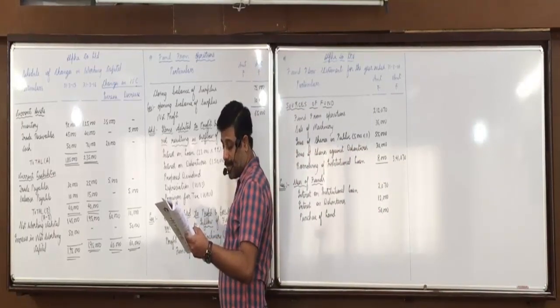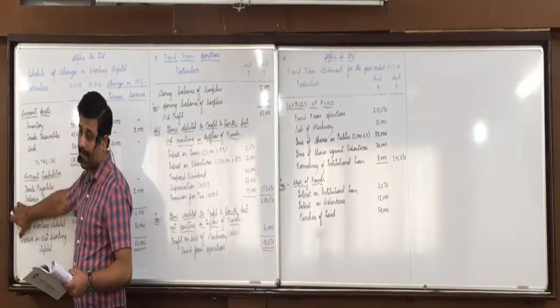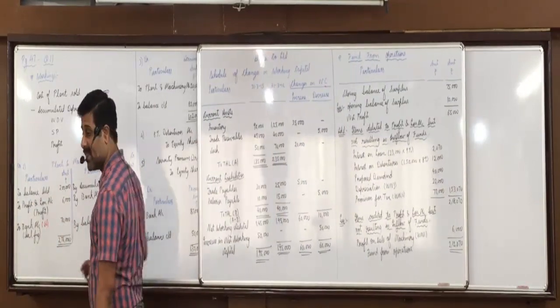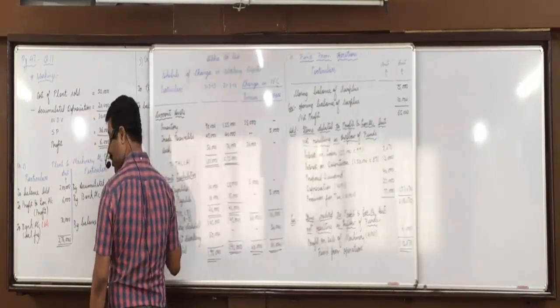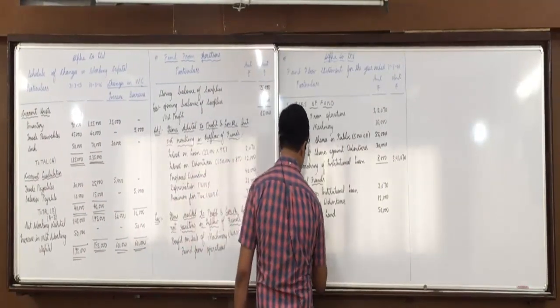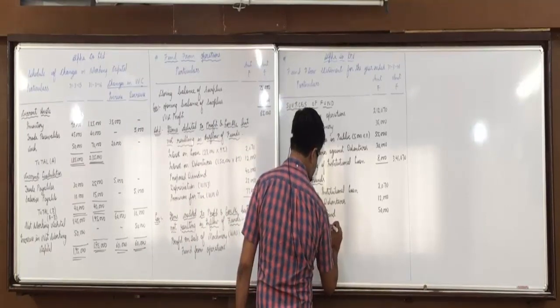In adjustments, in adjustment 1 we made workings of plant and machinery and got purchase of plant and machinery 70,000 as uses of fund. So purchase of machinery in bracket working note 2, 70,000.